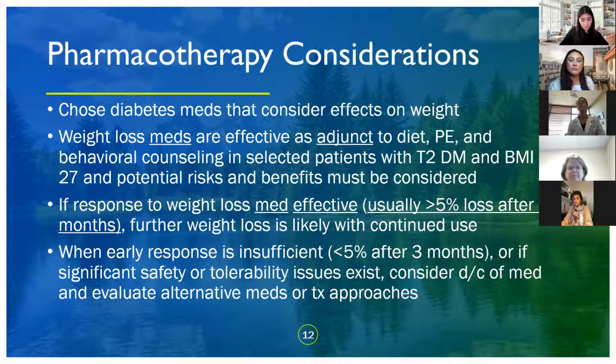We feel the most effective type of medication management is usually when you're getting at least 5% weight loss over a 3-month period. If they're not achieving those goals, you may want to reconsider what you're using. When early response is insufficient, such as less than 5% over 3 months, you want to look at safety, tolerability, and also, again, consider doing some alternative therapy. Next slide.